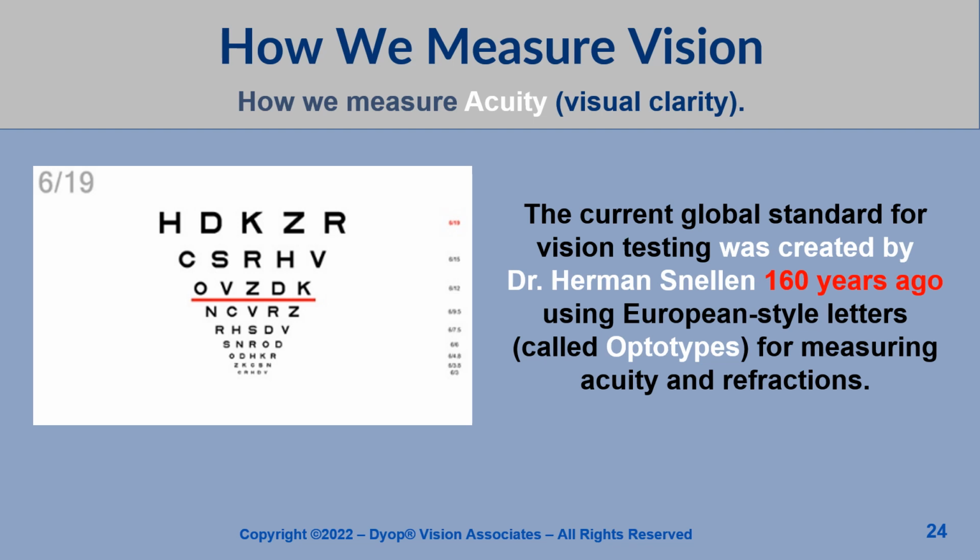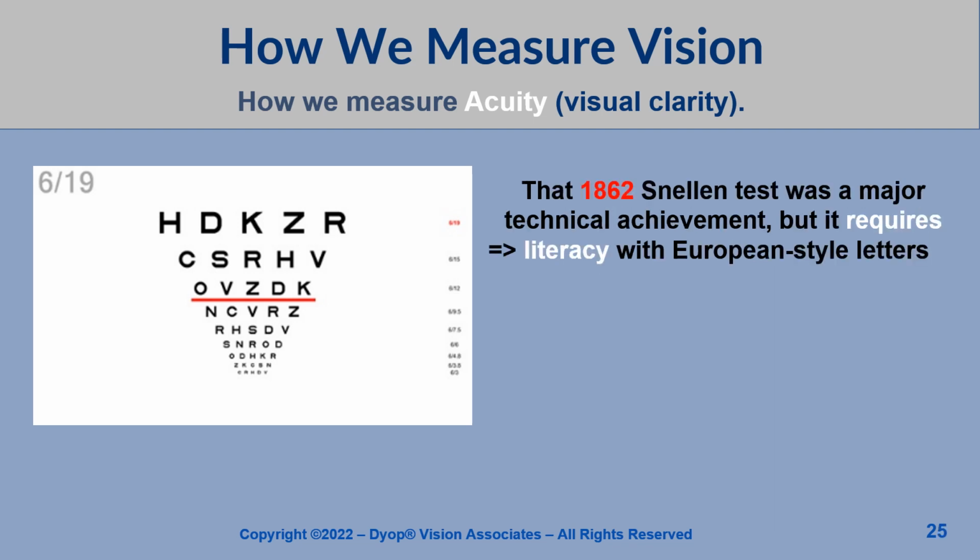The current global standard for vision testing was created by Dr. Hermann Snellen 160 years ago using European-style letters he called optotypes for measuring acuity and refractions. That 1862 Snellen test was a major technical achievement, but it requires literacy with European-style letters.